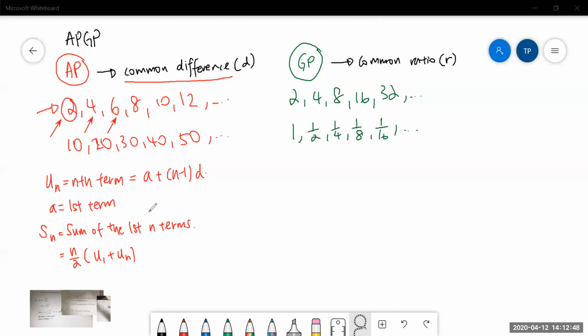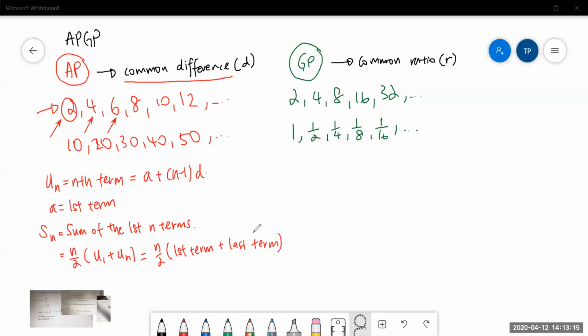What is un? It's the nth term, which is also the last term. So it will basically be n over 2, first term plus last term.